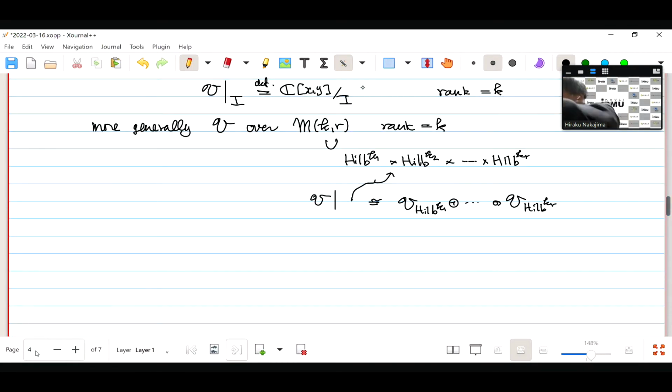I don't need the definition of the tautological bundle. I need only the properties of the vector bundle. So I consider the equivariant Chern class.